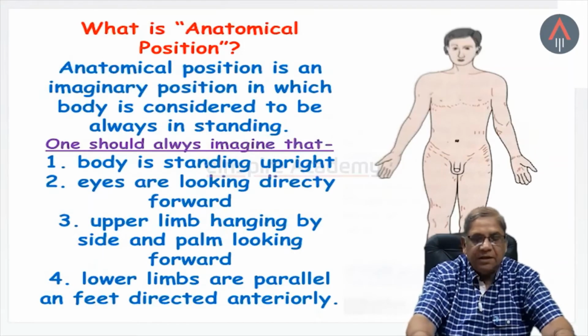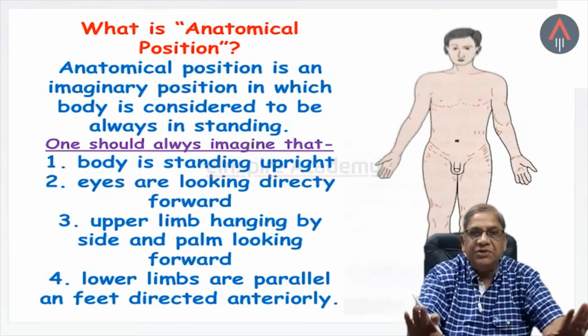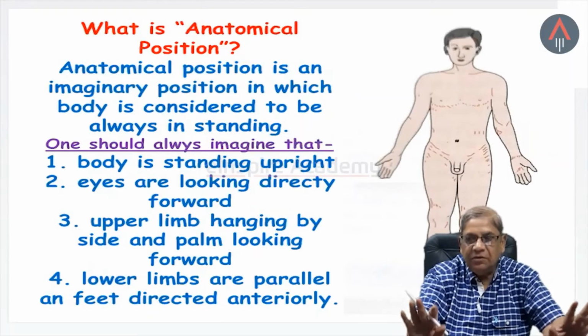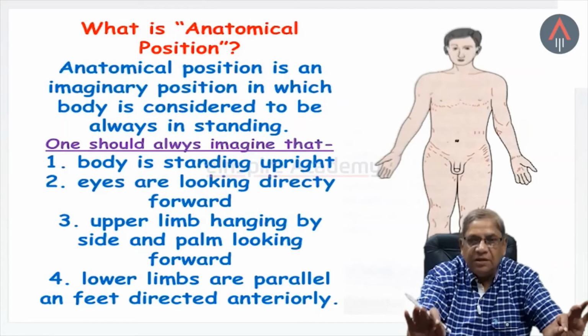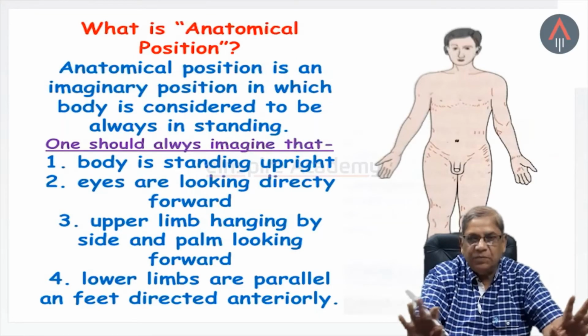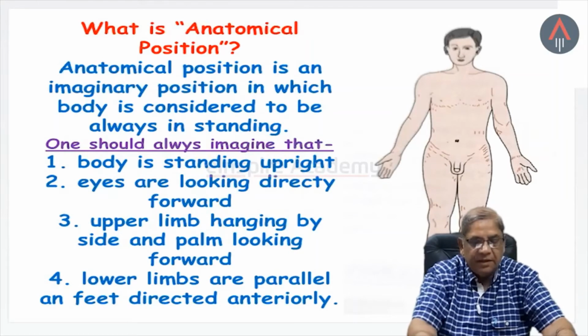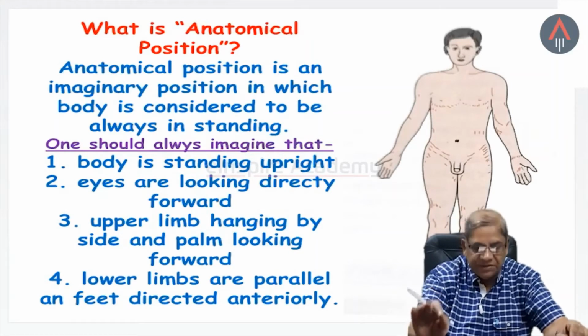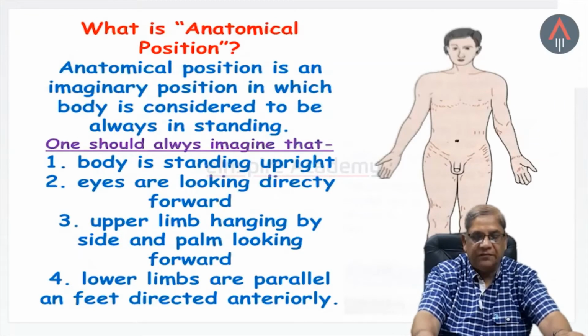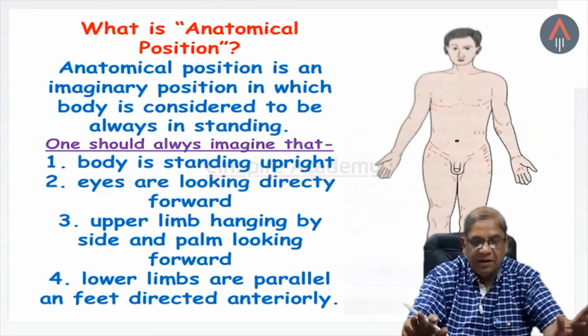The anatomical position is an imaginary position that should be in your mind. People don't stand in this position, you have to think of it. The anatomical position is an imaginary position in which the body is considered to be always erect or standing.